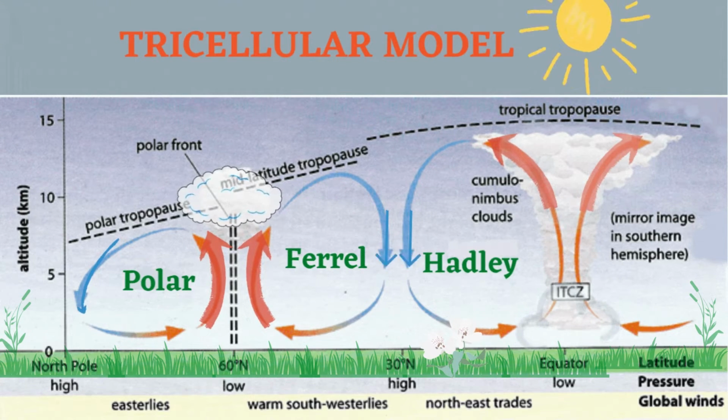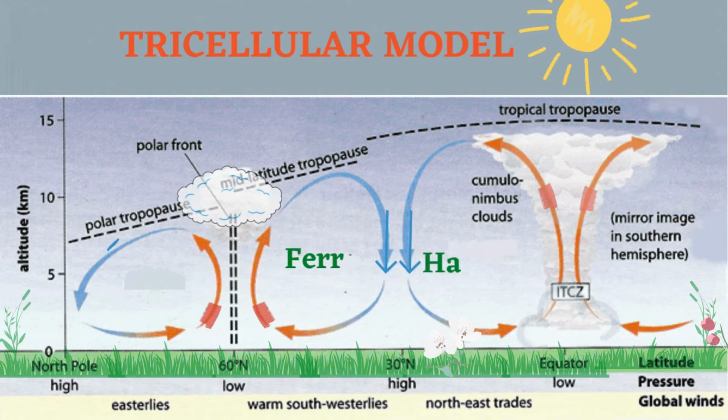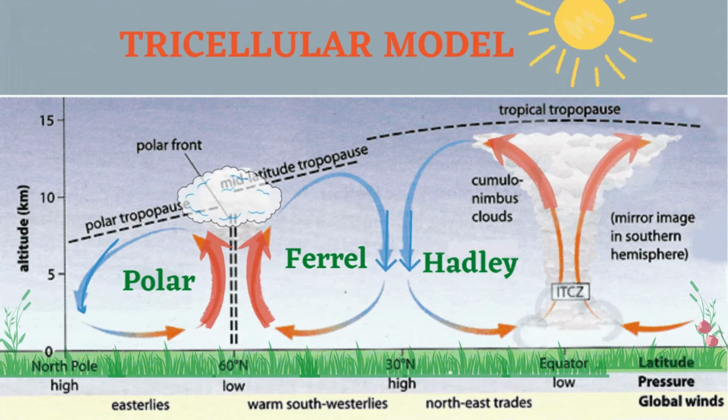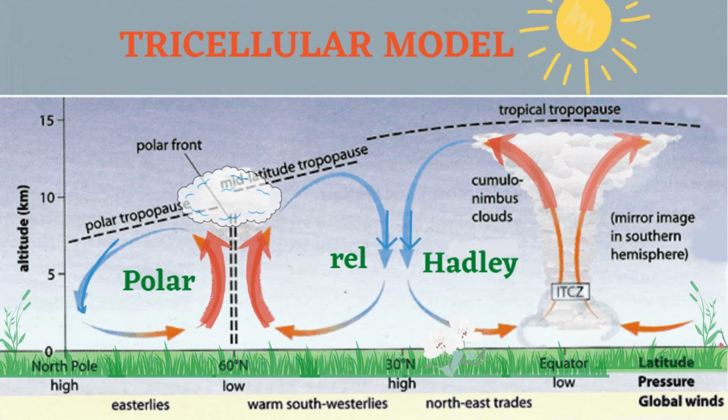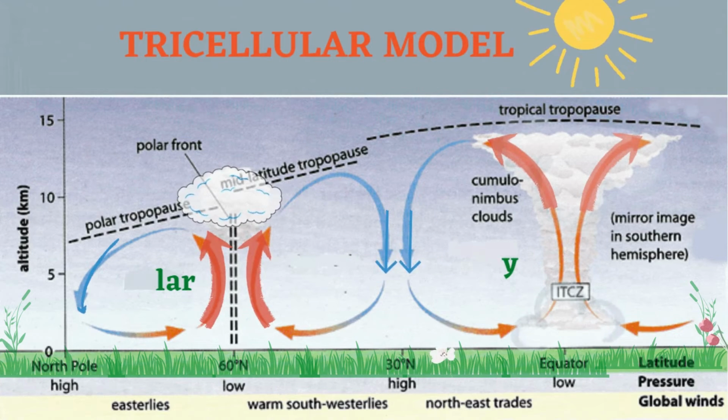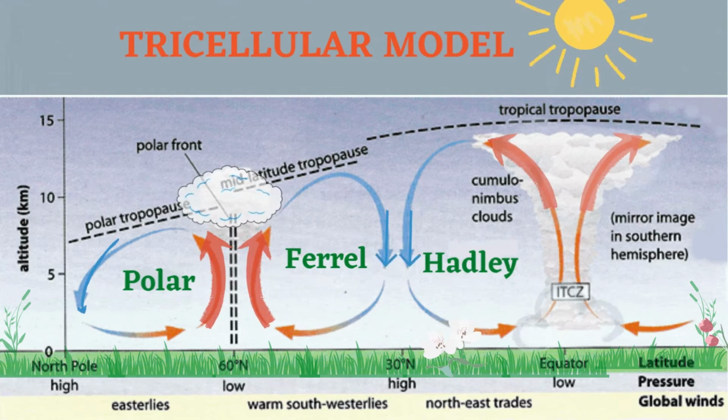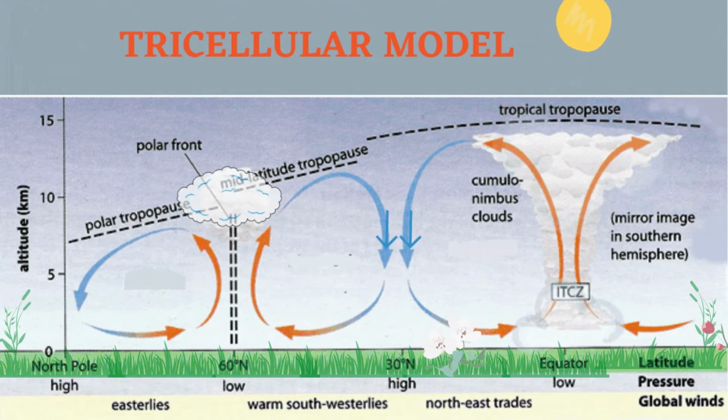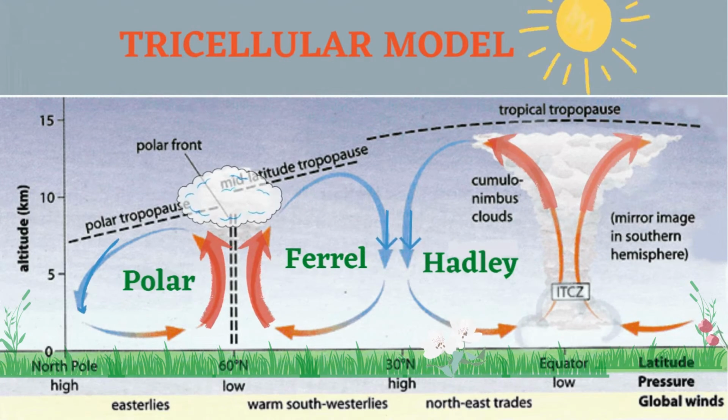The smallest and weakest cell is the polar cell, which involves air rising at the subpolar low, flowing polewards in the upper atmosphere, sinking at the pole before returning to the subpolar low at the surface.